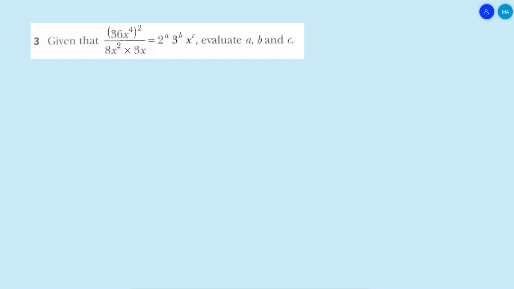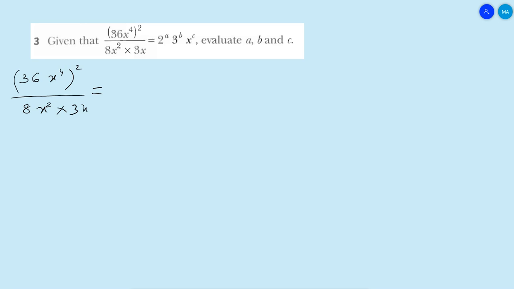Given that (36x^4) whole squared upon 8x squared into 3x is equal to 2^a 3^b x^c. Evaluate a, b and c. Very easy. This is (36 x^4) whole squared upon 8 x squared into 3x.